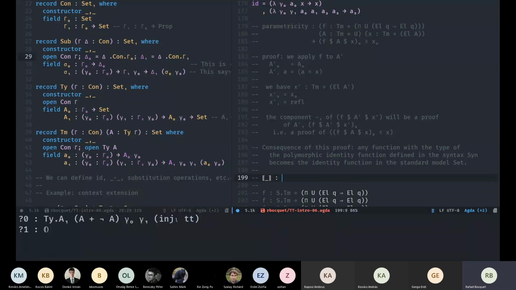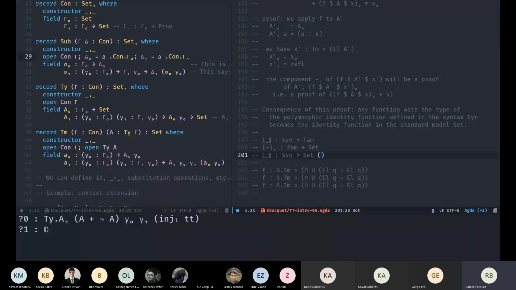We have some interpretation from the syntax into the family model and into the set model. And you also have some morphism from the family model into the set model that forgets the second components.